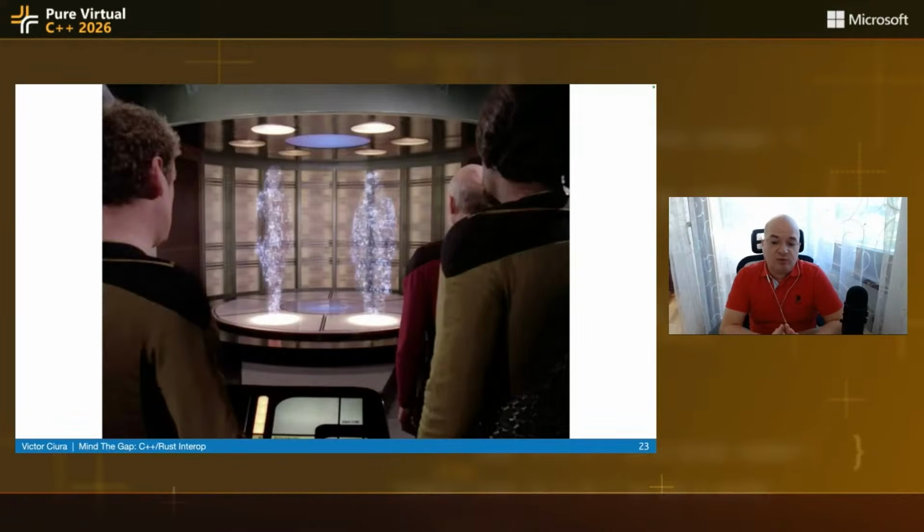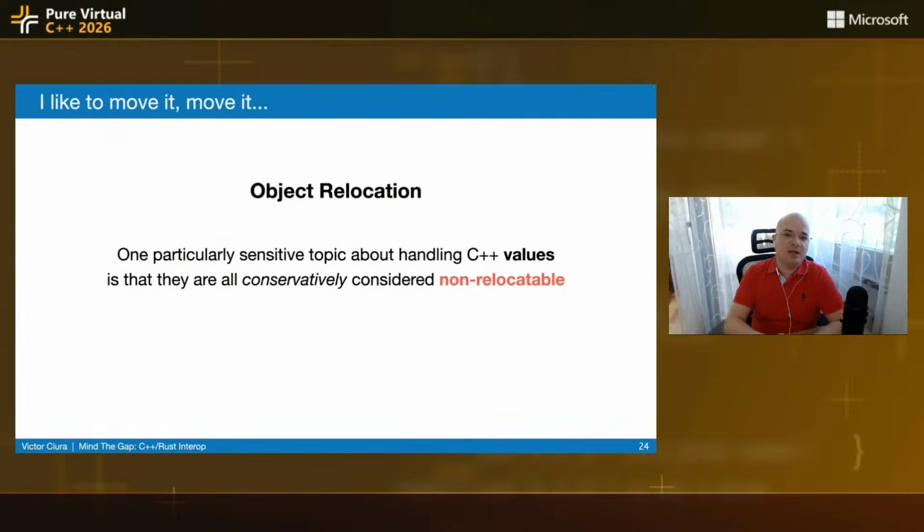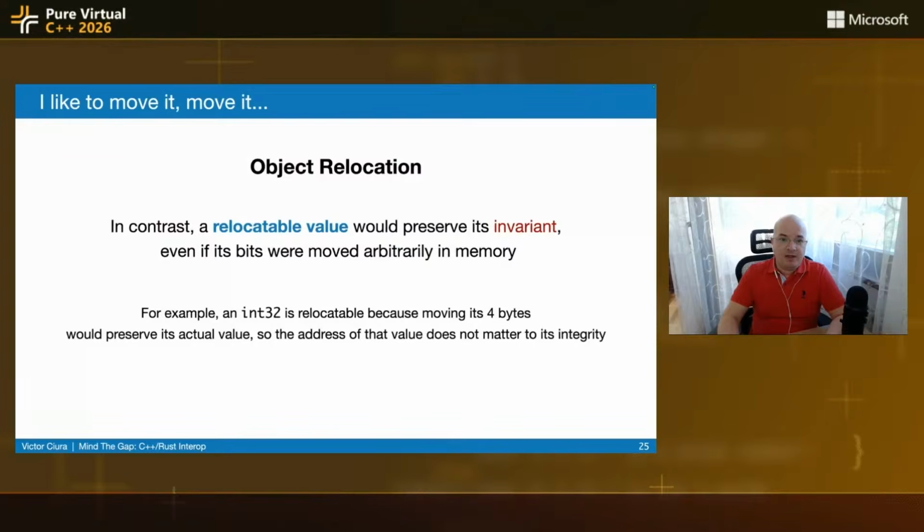Another very important problem in this mix is movement, or teleportation, of in-memory objects. So object relocation is a particularly sensitive topic when handling C++ values, because C++ in general conservatively treats all objects as non-relocatable. In contrast, a relocatable value would preserve its invariant even if its bits are moved arbitrarily in memory.